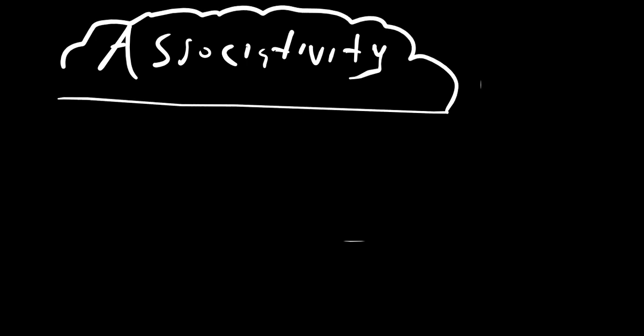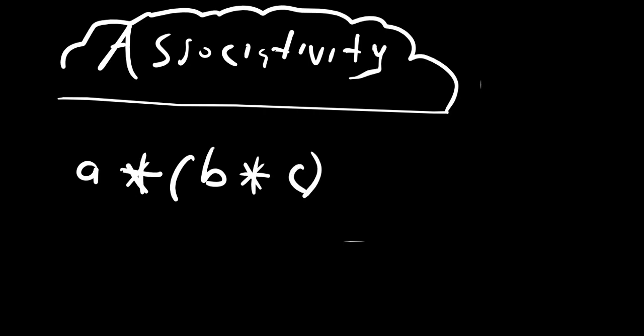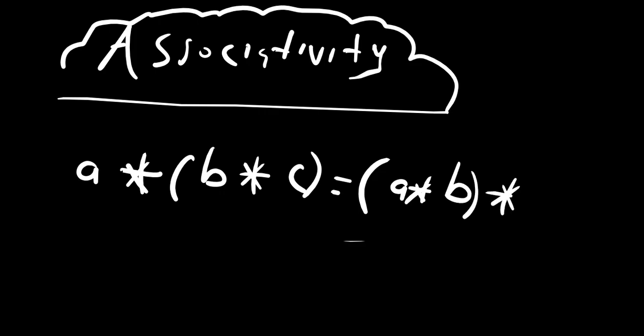If all the elements are in a triple line, let me say if you've got A star B star C, are you going to get the same answer if you say A star B star C, grouped differently?